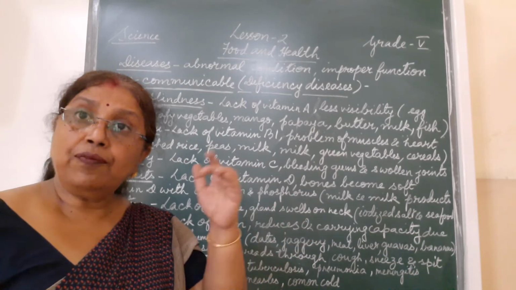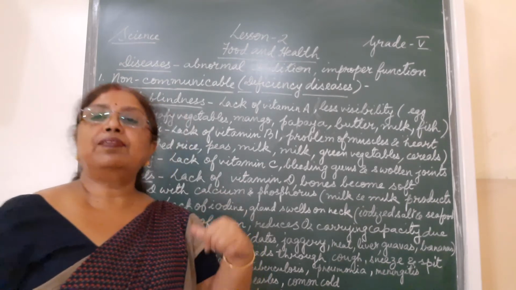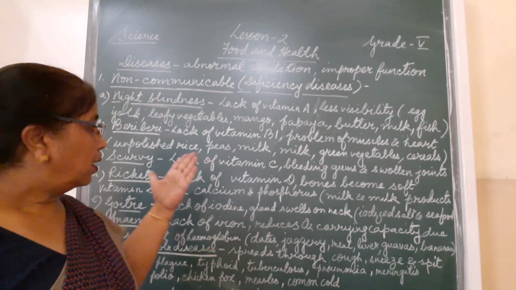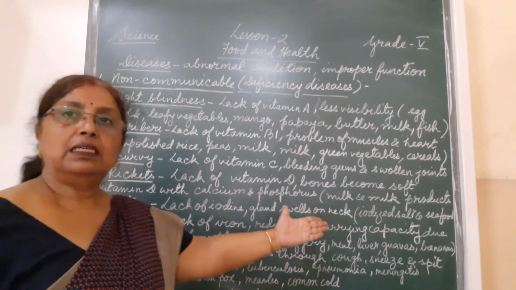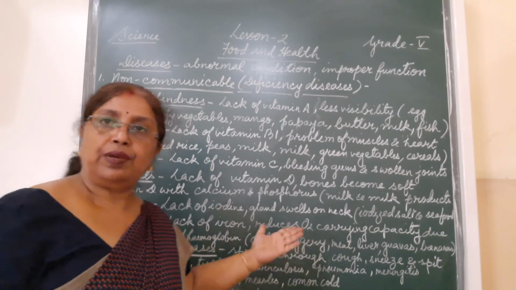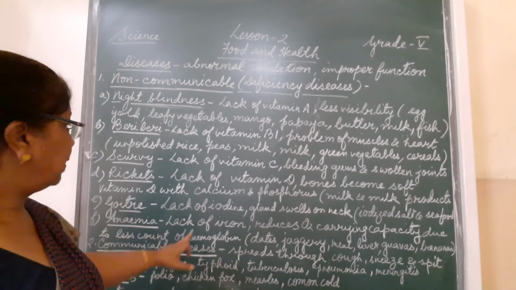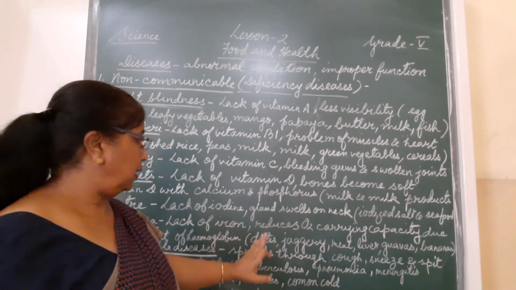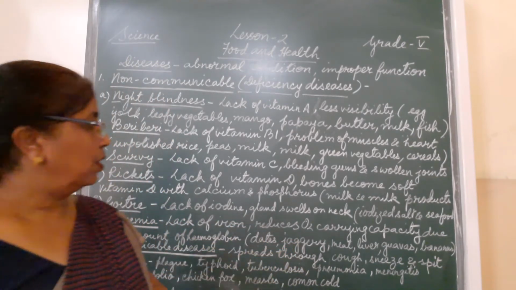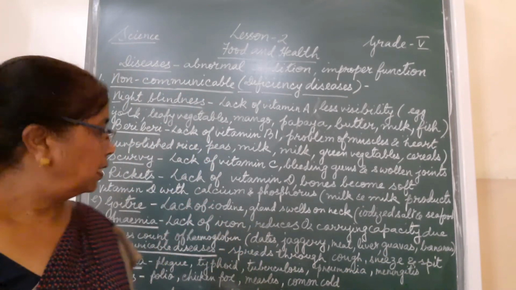If the count of hemoglobin is reduced because of the lack of iron, then the oxygen carrying capacity of hemoglobin reduces and the person becomes very weak. Now we will see in which kind of food iron is found: dates, jaggery, meat, liver, guavas, bananas, apples, pomegranate.